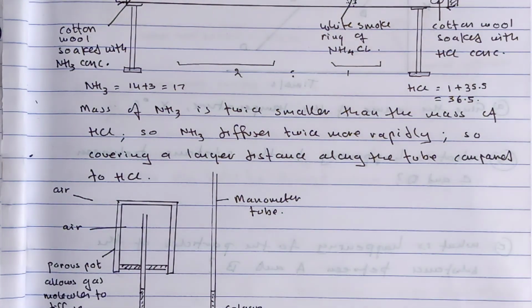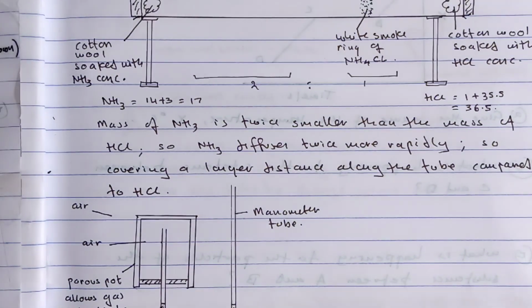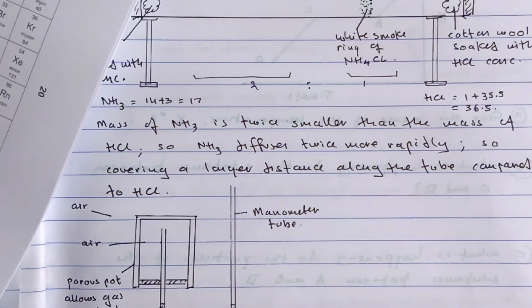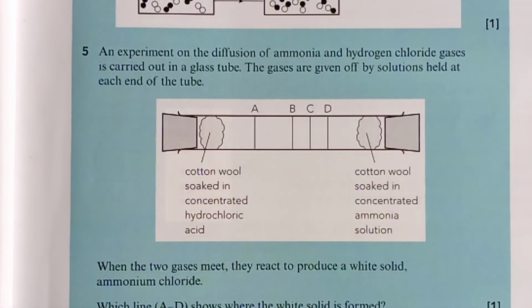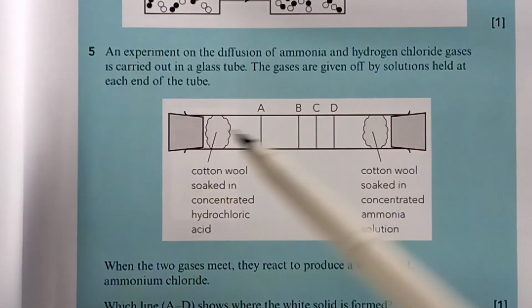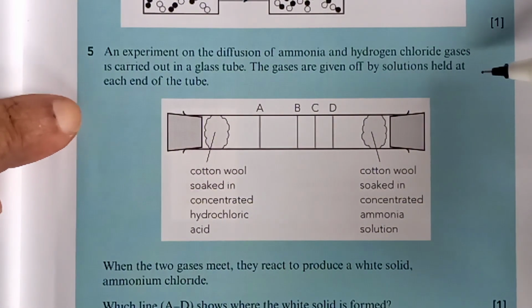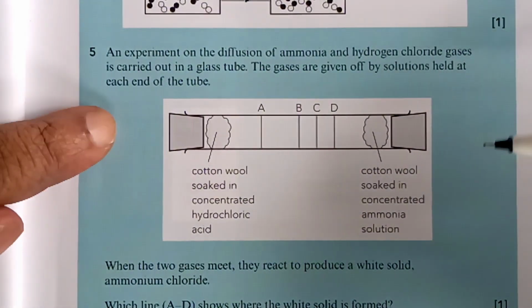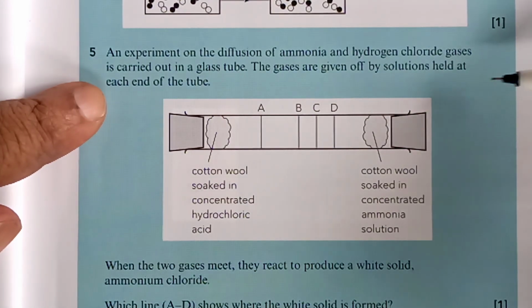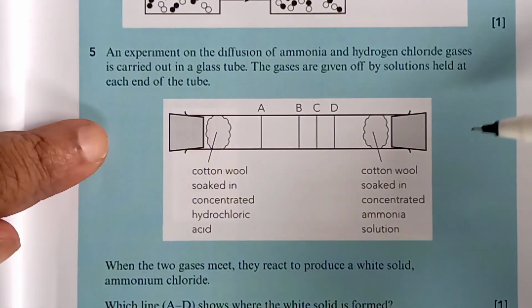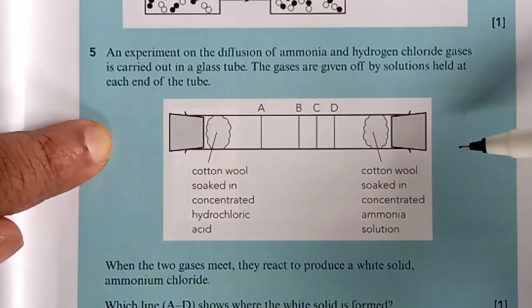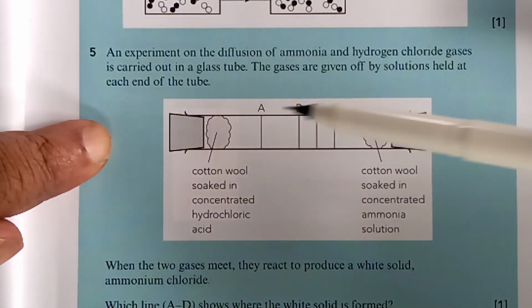Okay, now we are going to work out more questions in a few seconds. Now let us see this question. An experiment on diffusion of ammonia and hydrogen chloride is carried out in a glass tube. The gases are given off by the solutions held at each end of the tube.